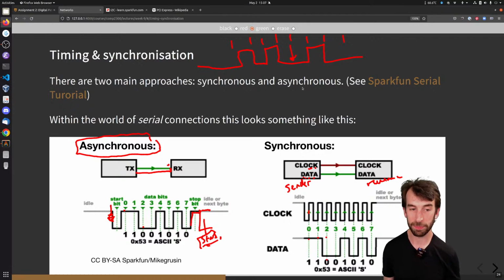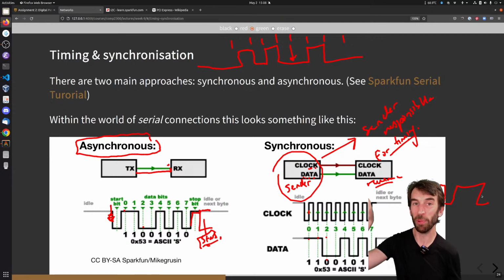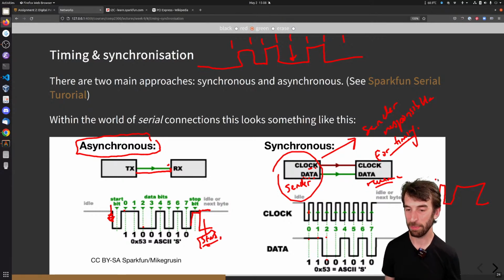So in this way, the sender can be taking responsibility, sender responsible for timing, and in many cases, the receiver doesn't mind even if the clock line is a bit unpredictable. It's only looking for the upwards transitions.